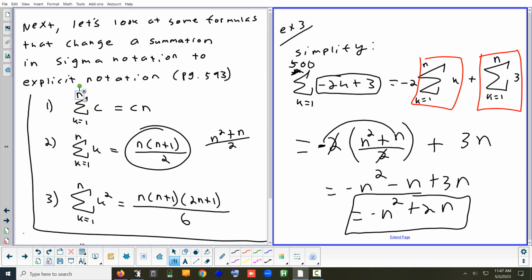In order to do that with the formula, all you have to do is plug the number 500 in right there, and you're done. 500 squared, make it negative, and then add 1,000. That would represent adding up all 500 numbers, just by using a formula you can plug into.